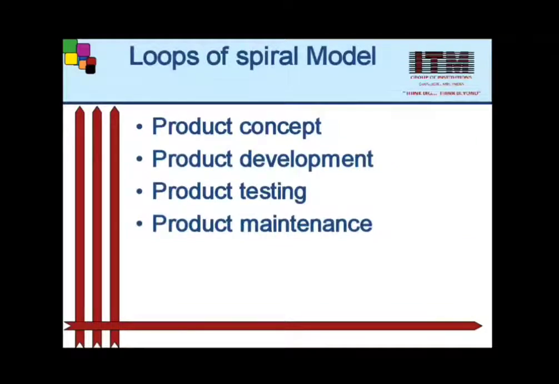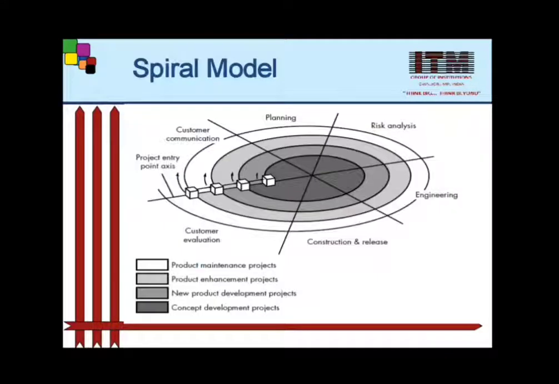The loops used in the spiral model are product concept, product development, product testing, and product maintenance. You can see this in our diagram. The first one is the product maintenance phase, which is this outer portion, and this is the product enhancement project phase.